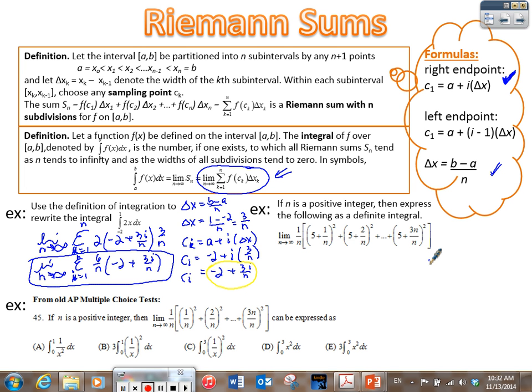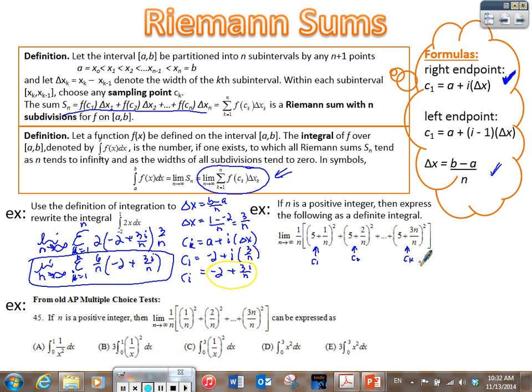All right, so that is really talking about this formula right here. That's the expansion. This would be C1, that would be C2, and that would be whatever variable we're in, CK or CI. That's our general term.